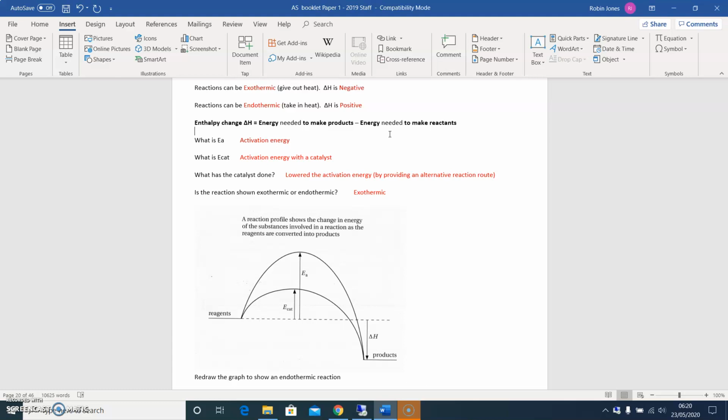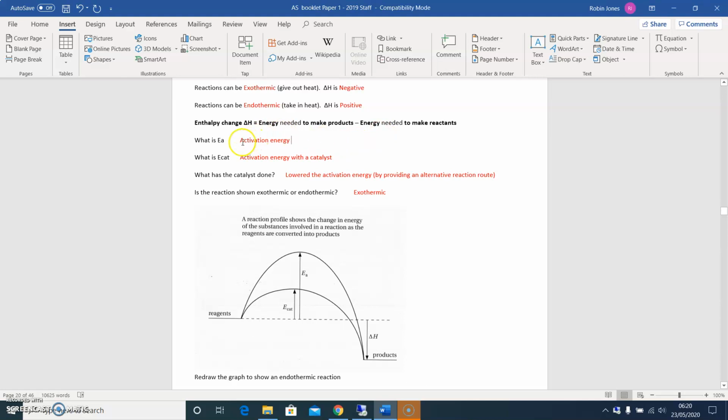I take the product, which is what I end up with, my £5 note, and I take away what I started with, £20. 5 subtract 20 is minus 15. I am now £15 poorer than I was before I went out for the night. So that's why you do products take away reactants. What you end up with, a £5 note, take away what you started with, that's your reactants, your £20 note, and you work out the change in heat, change in money. So the same principle applies.